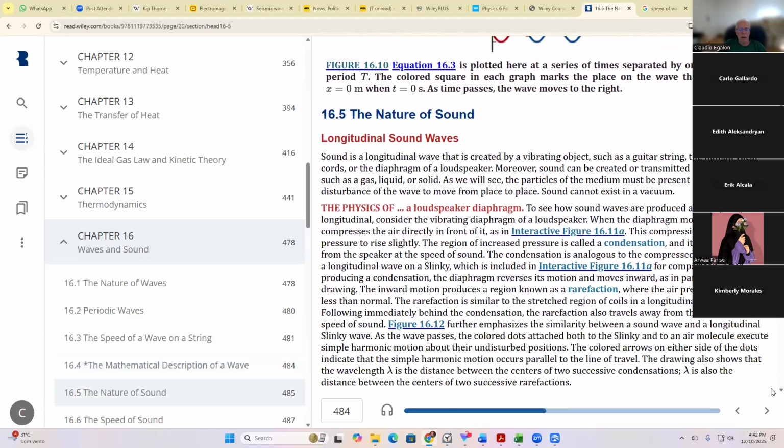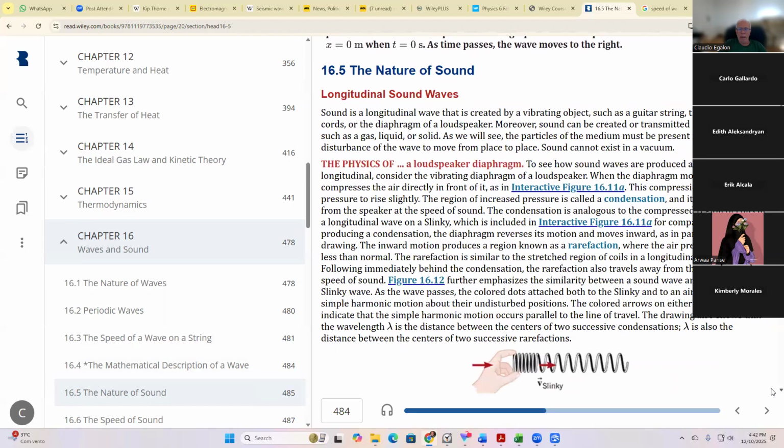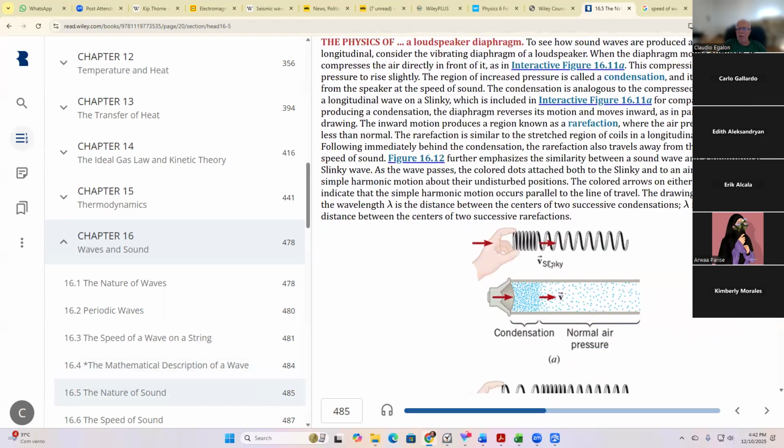Nature of sound. Sound is a longitudinal wave. And here, go to this link that I told you. This link is a very good analogy of a sound wave.